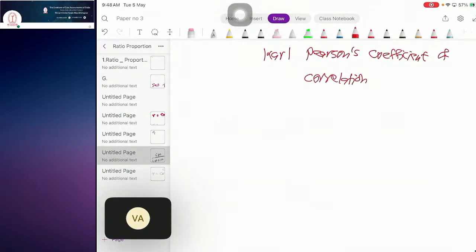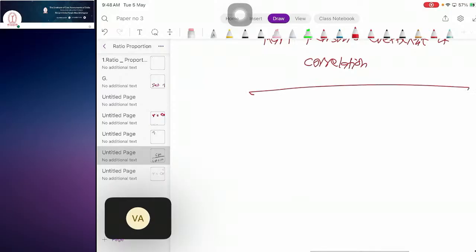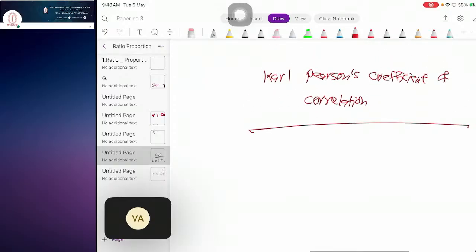Okay. Now Karl Pearson's coefficient of correlation that we are going to discuss today. Correlation means when two variables are interrelated with each other, that is the concept of correlation. And when we discuss that correlation in terms of two variables, any particular value upon another particular value is called the coefficient.